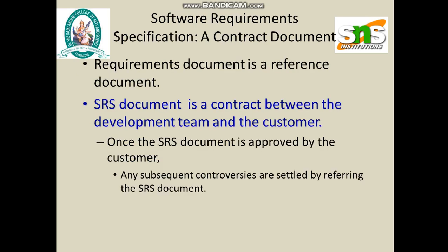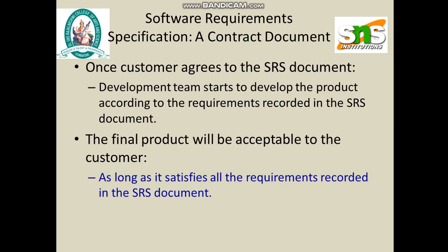How can a software requirement specification document act as a contract document? Because it is a contract between the development team and the customer. Once the SRS document is approved by the customer, no controversies should happen in the development team. If they do, they can claim using this contract, that is, the SRS document.